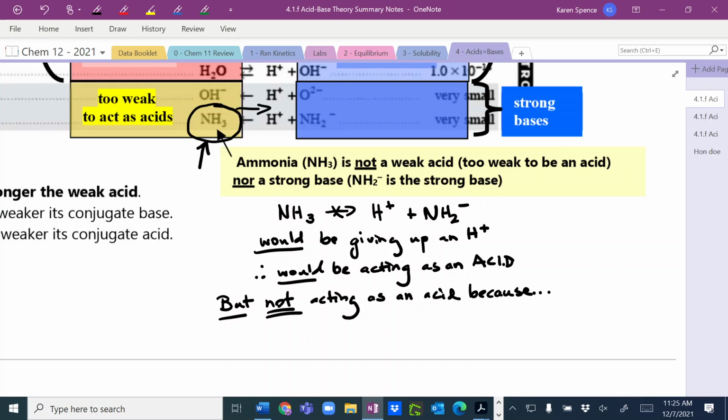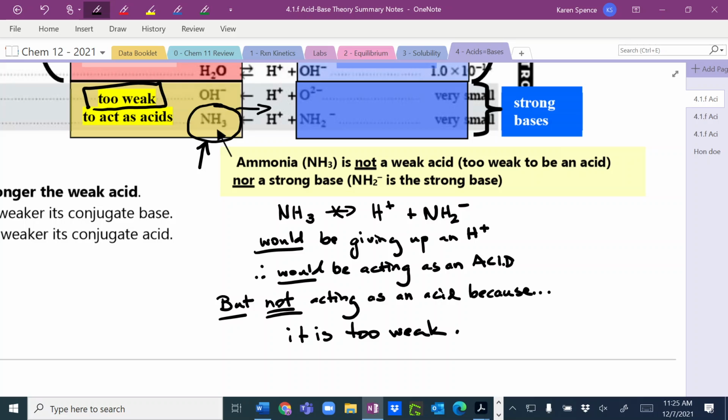It's too weak. Yes? Too weak. So ammonia is not a strong base. Who is the strong base? NH2 is the strong base.